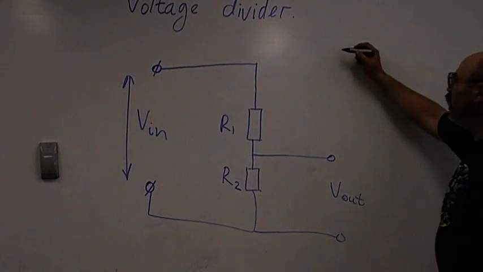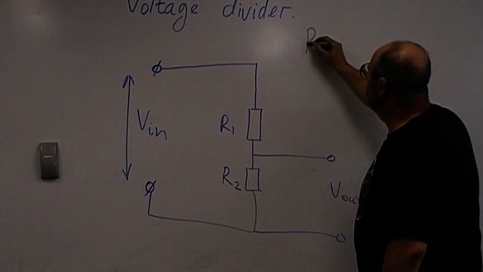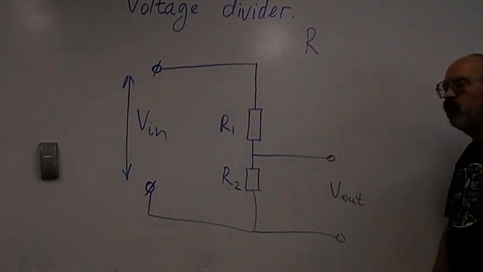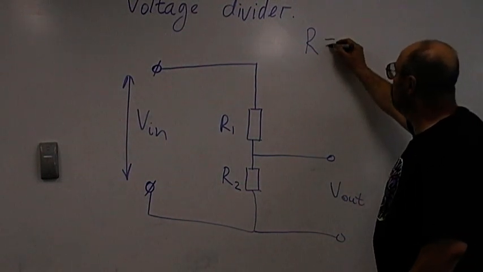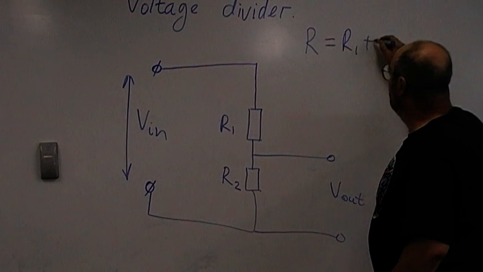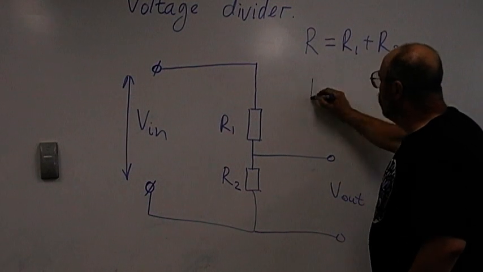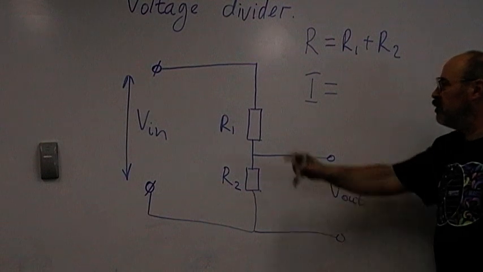First, what will be the total, or equivalent, or effective resistance? How do we find it? R1 plus R2. This is a series connection, R1 plus R2. So what will be the current flowing here?